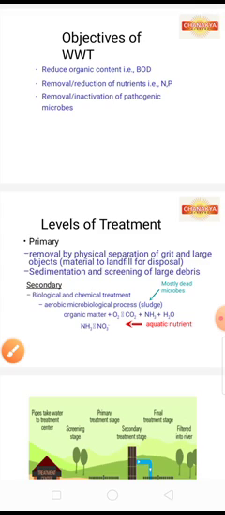In secondary treatment, we treat that water with biological and chemical processes, using aerobic microbial processes. We add aquatic nutrients, and the microbes carry out a process called aerobic respiration, and they utilize the organic content which is present.